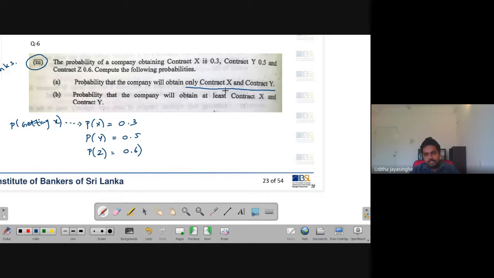See, only contract X and contract Y. That means you're getting X. Px is fine, Py is fine, and 1 minus Pz has to be the case. Px is 0.3, Py is 0.5, and this one, it's not 60%, sorry, it has to be 40%, right?